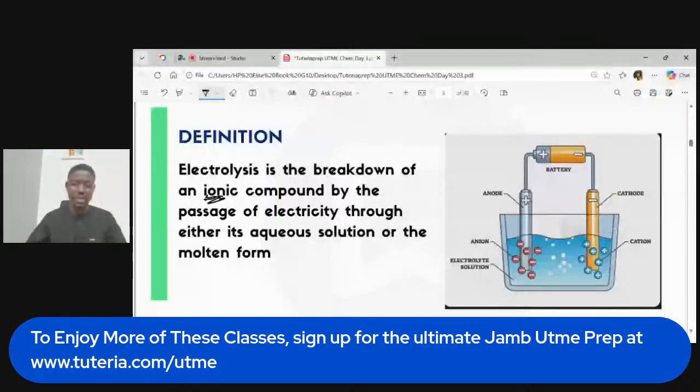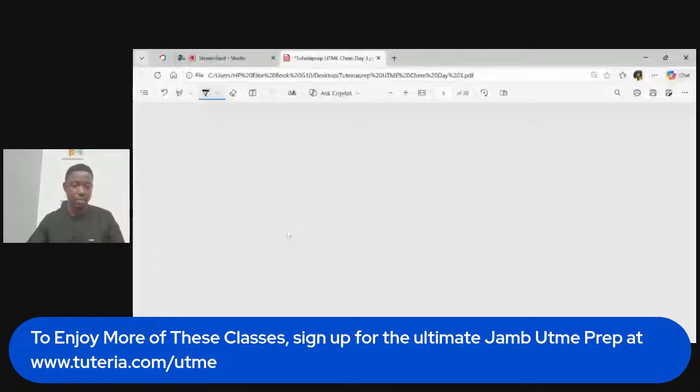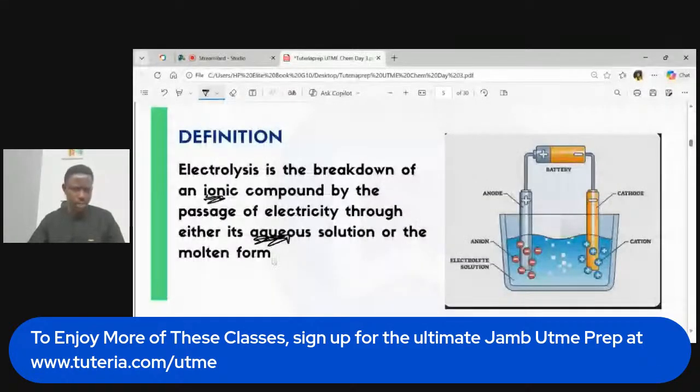That shows that for electrolysis to work, the electrolyte must be in aqueous form or in molten form. Either aqueous form or molten form, those are the two ways in which an electrolyte can work.